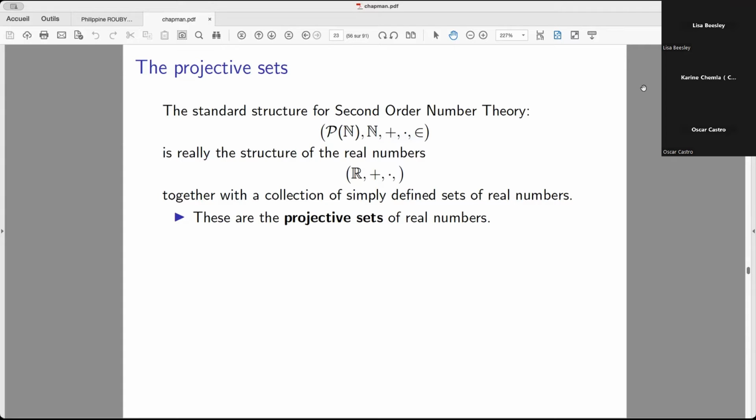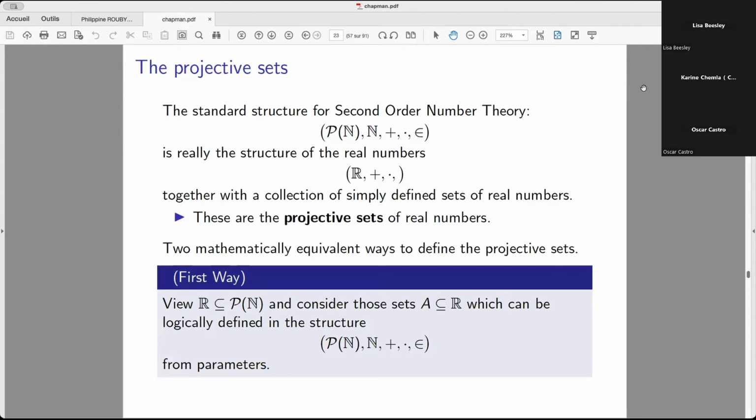So the standard structure for second order number theory is P of n, plus, times, epsilon. You have to know which integers are in which sets. It's really the structure of the real numbers with plus and times, together with a collection of simply defined sets of real numbers. These are called the projective sets of real numbers, not projective in the sense of algebraic geometry.